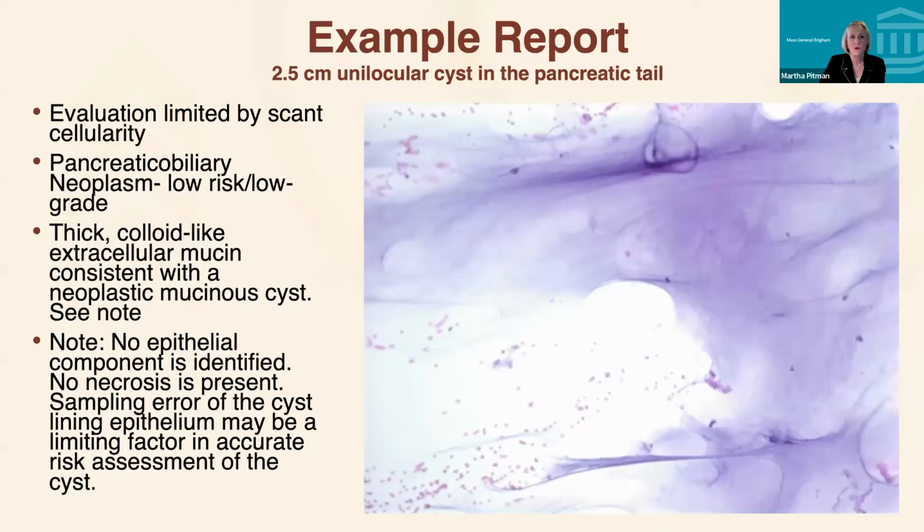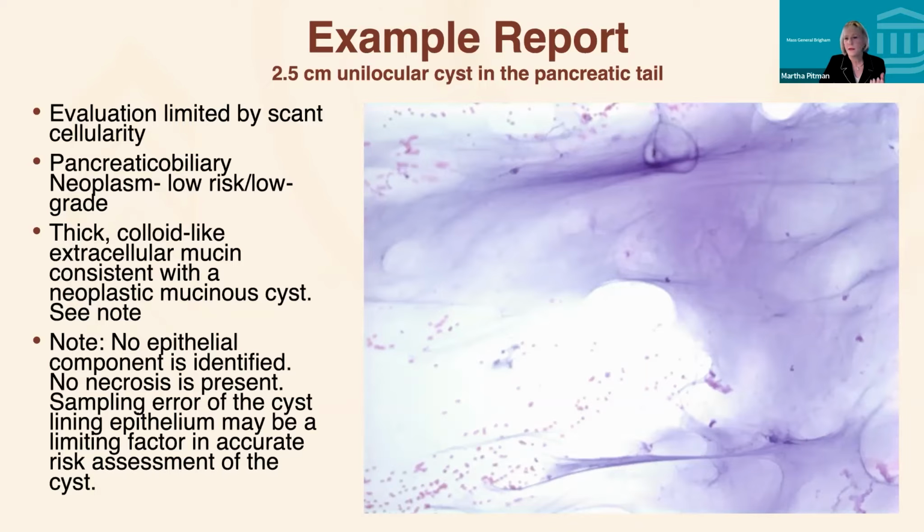So in this example, a 2.5 centimeter unilocular cyst in the pancreatic tail might have a scant cellularity or absent epithelial component. I'm comfortable that this represents a mucinous neoplastic cyst, so I'm going to put it in the pancreaticobiliary low risk, low grade category.